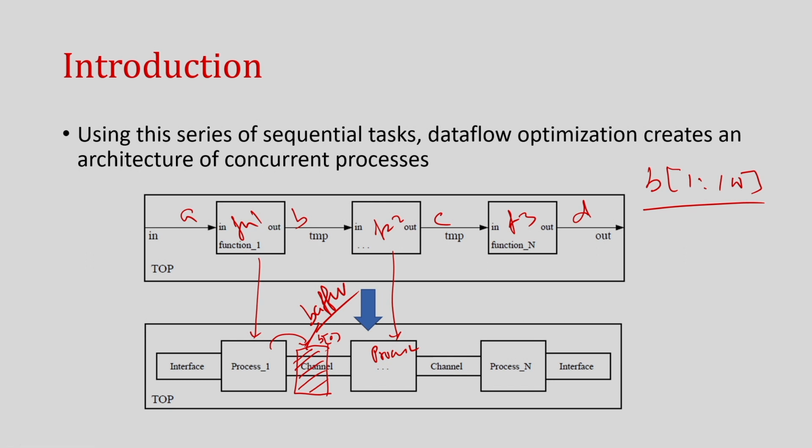Once it finds B0, it can process B0 and produce C0, which is also stored in a buffer here. Then in the next clock, process 1 writes B1 to this memory, and in the following clock process 2 understands B1 is now available. So, it takes B1, processes it and produces C1, which gets written here.